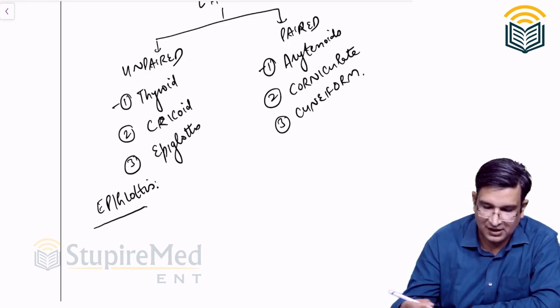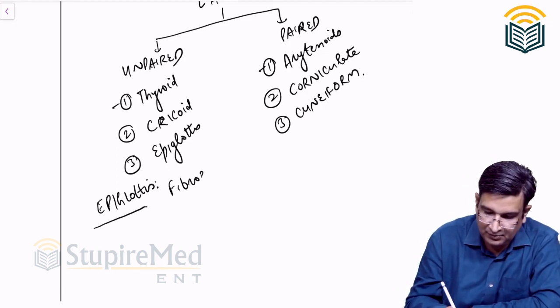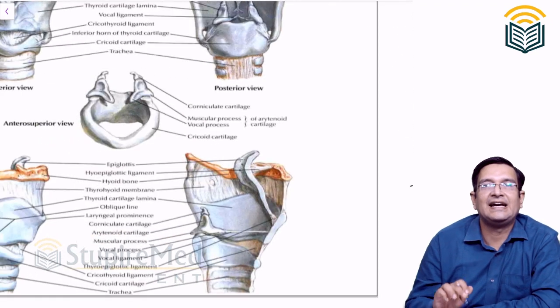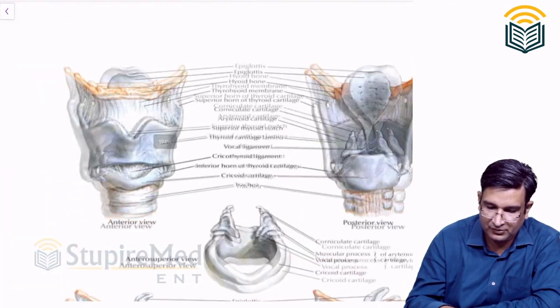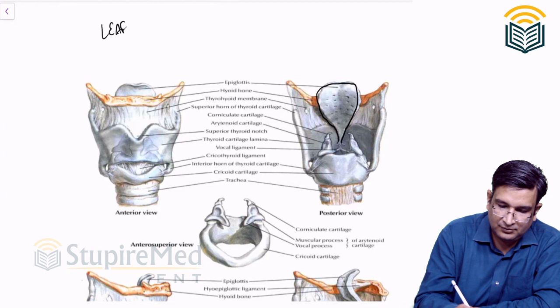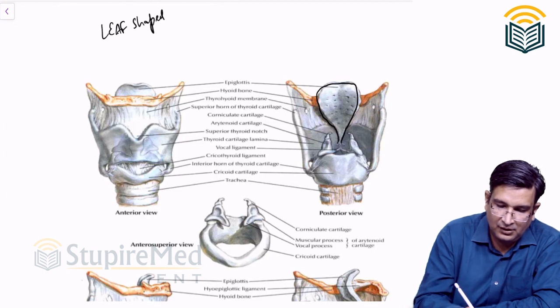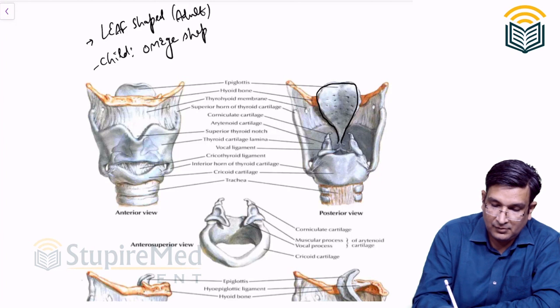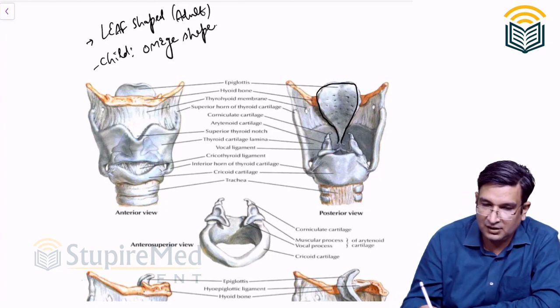Epiglottis is a fibroelastic cartilage. If you see the shape of the epiglottis, it is leaf shaped. In adults, it is leaf shaped, while in children, it is omega shaped.